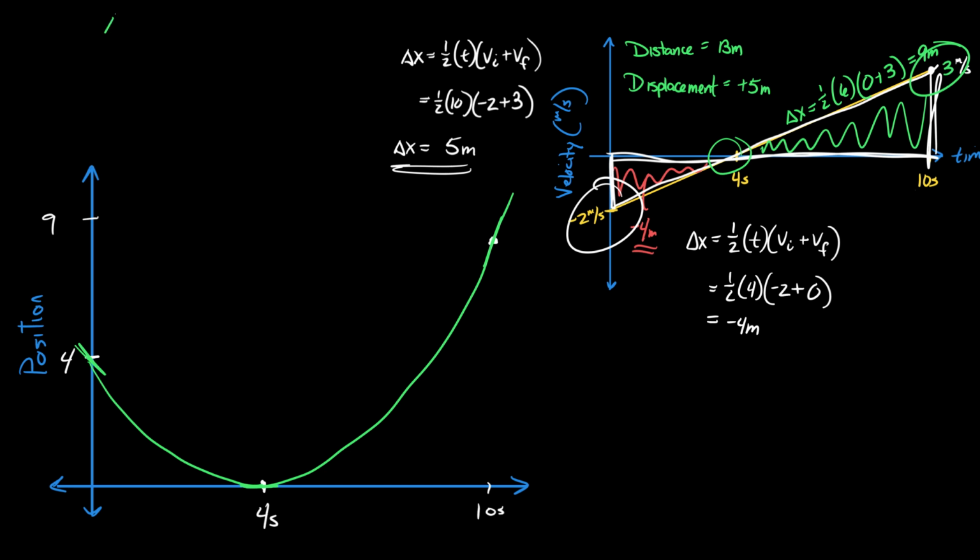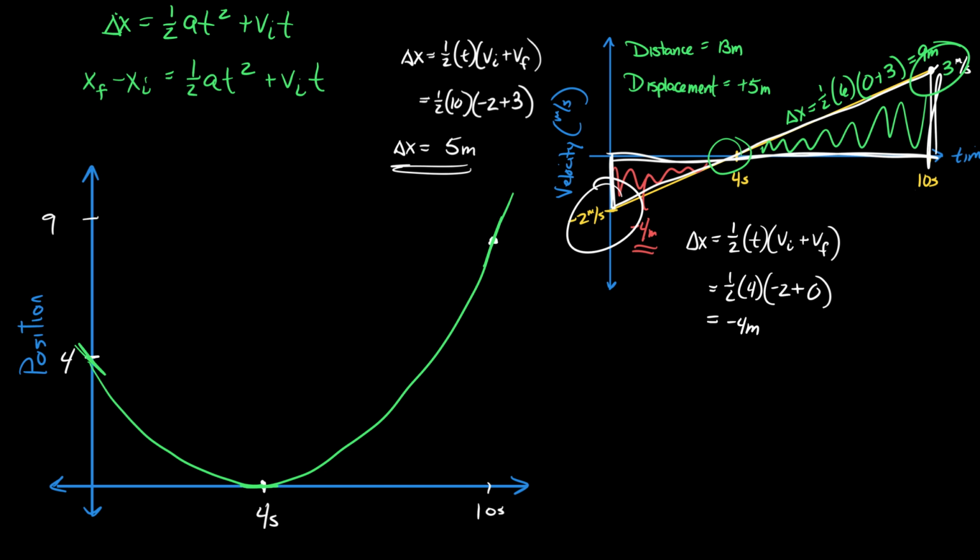Except this is new. Delta x equals 1/2 a t squared plus vi times t. We talked about that yesterday and the day before. x final minus x initial equals 1/2 a t squared plus vi times t. Correct?